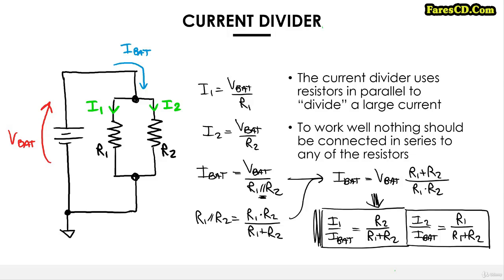Needless to say that a similar approach can be used to find the value of the current in current dividers with more than two branches.